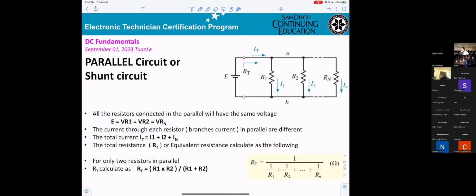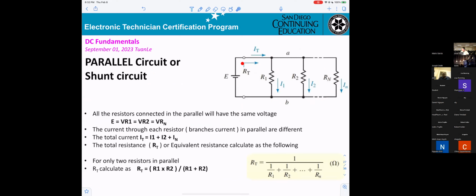Now you can see this is the way to connect parallel. You get R1, R2, R3, or Rn. One side connects to positive, the other side connects to negative. The voltage across R1 or R2 or Rn is the same voltage, no different voltage.